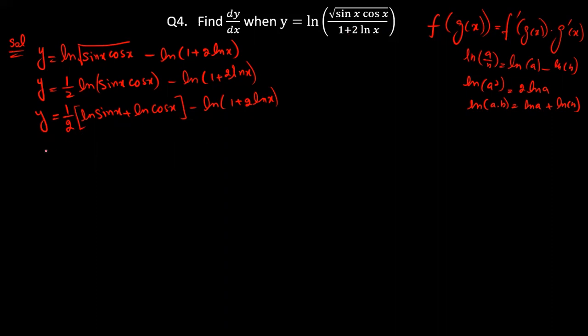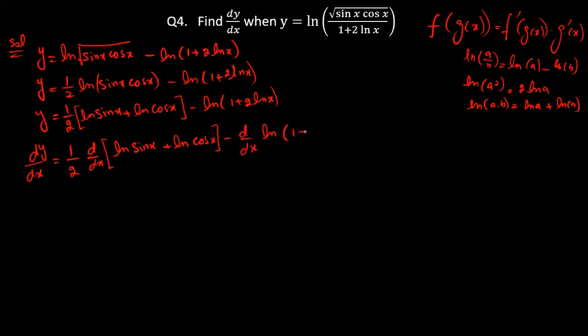Now we calculate the derivative, applying d by dx on both sides. It will be dy by dx on this side, and 1 over 2 d by dx of natural log of sine x plus natural log of cos x, minus d by dx of natural log of 1 plus 2 natural log of x. Now we differentiate the 1 by 2 part.